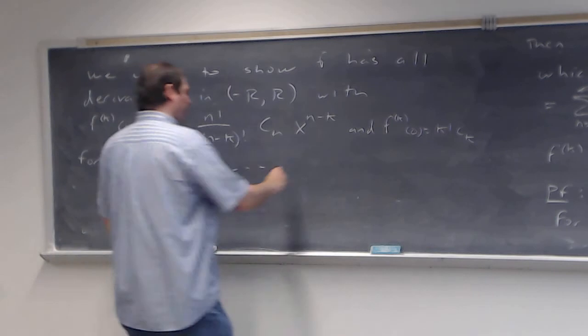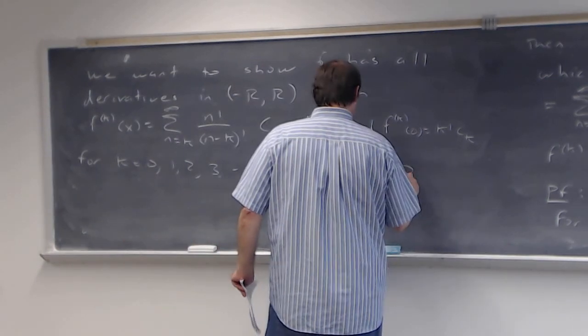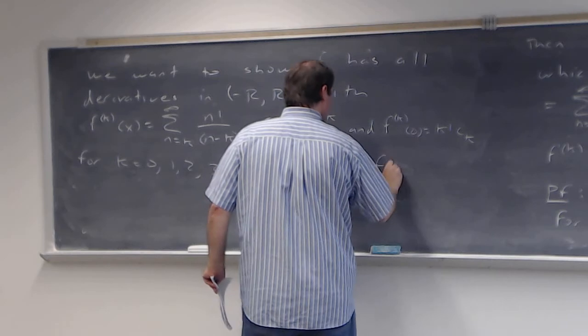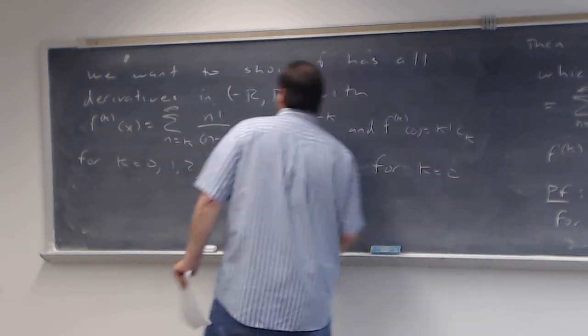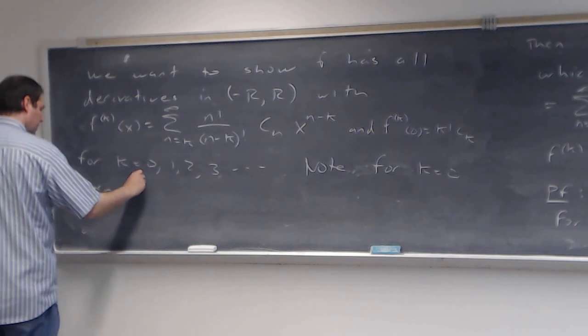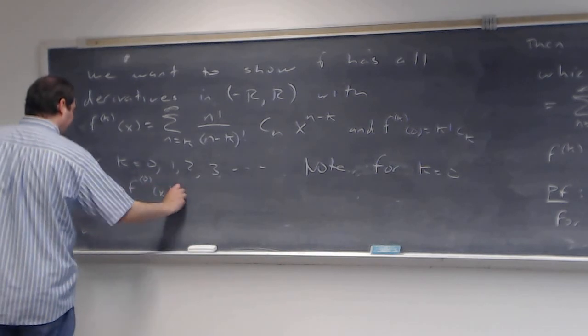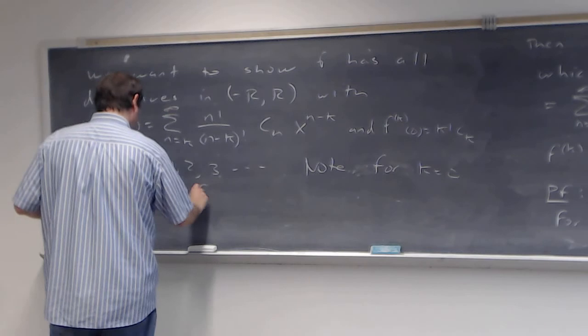All right, since it's by induction, let's start off first with k equaling 0. Then the 0th derivative evaluated at x, well, that's just f of x.